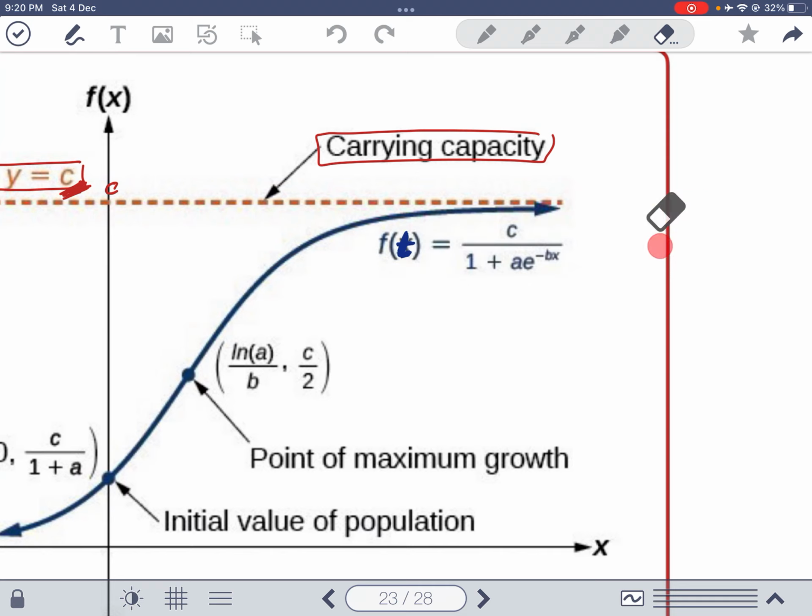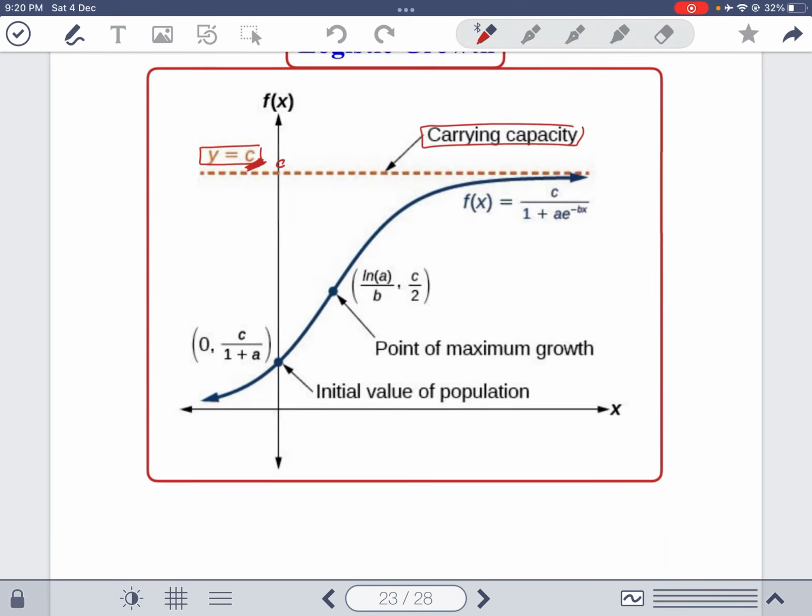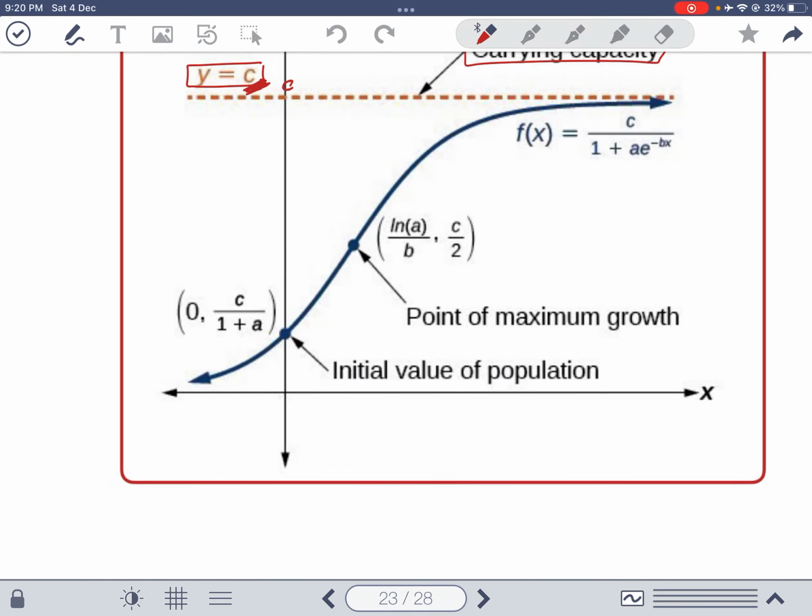Okay, and then remember it's given in terms of t, but I'll keep it as x here. Then when you put time 0 in the formula here, put 0 instead of t or x, then x here, of course, is 0. 0 times anything is 0. E to the 0 is 1, and 1 times anything is that thing.